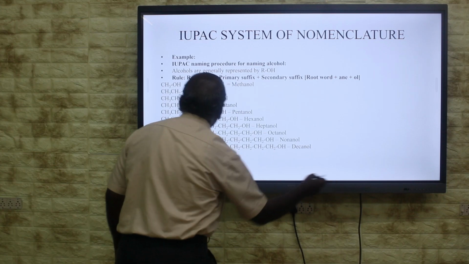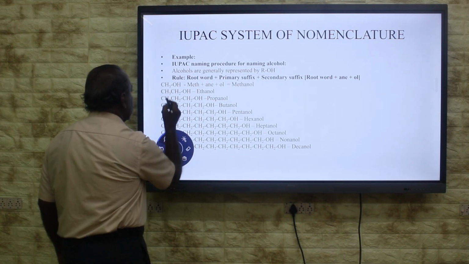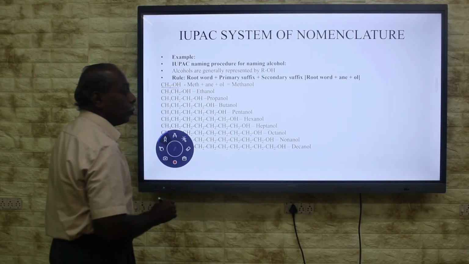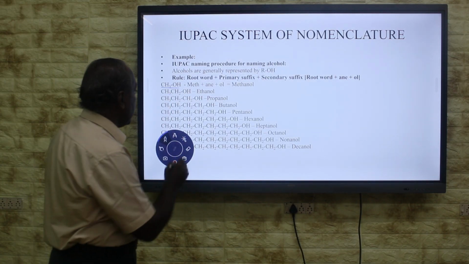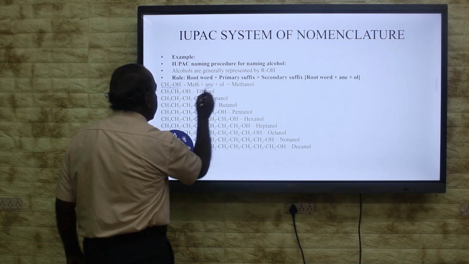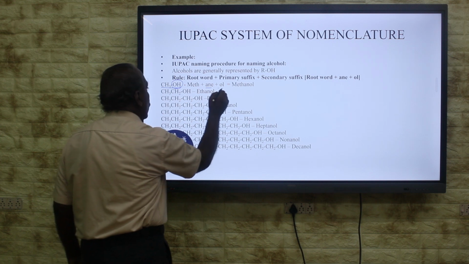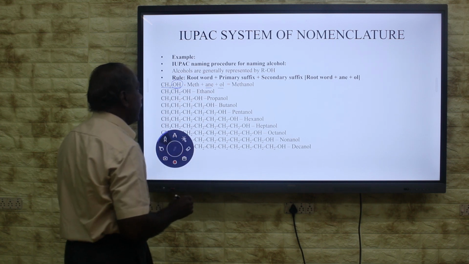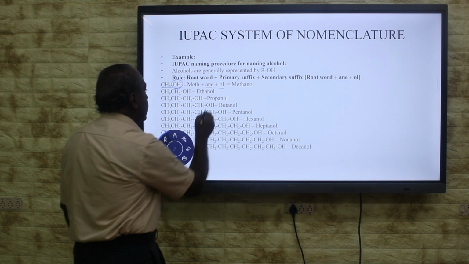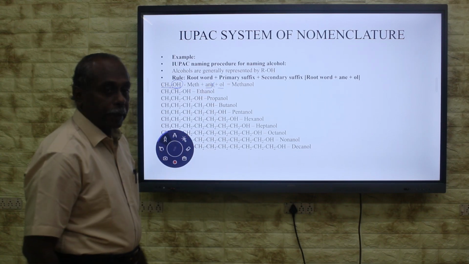Here it is a one carbon alcohol. This one carbon is indicated as meth. Then there is a single bond in the compound, indicated as ANE. Then this OH is indicated as OL. When you combine ANE and OL, the vowel is removed, and you get methanol.